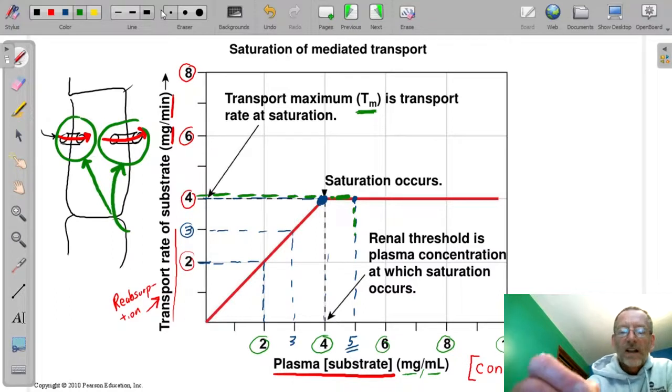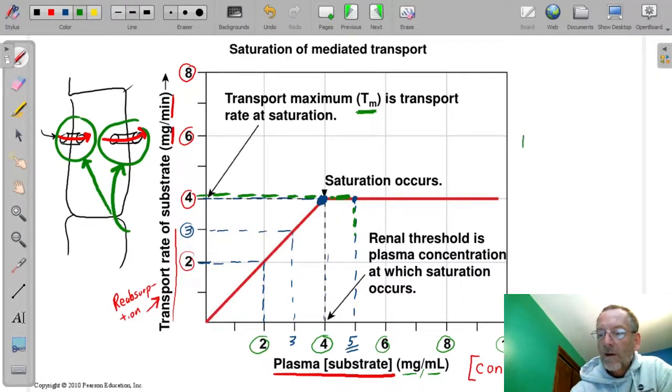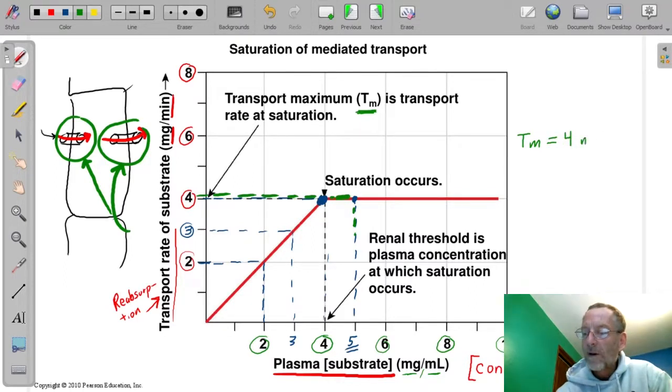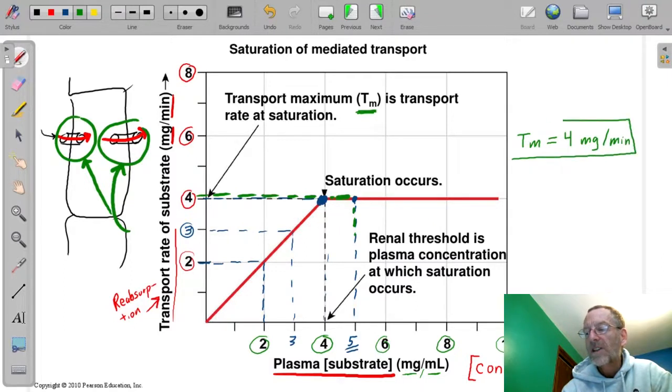So in this case, the transport maximum equals what? 4, and then what are the units? We're talking about transport, so it'd be 4 milligrams per minute. And that's the transport maximum, the TM, for this example. It doesn't matter how much is in the plasma.